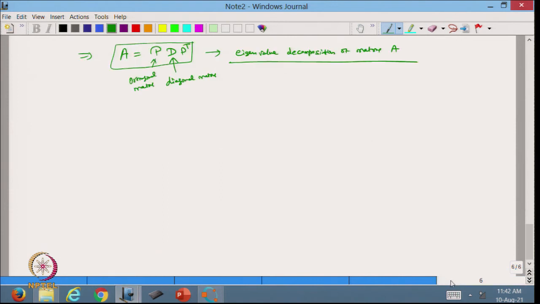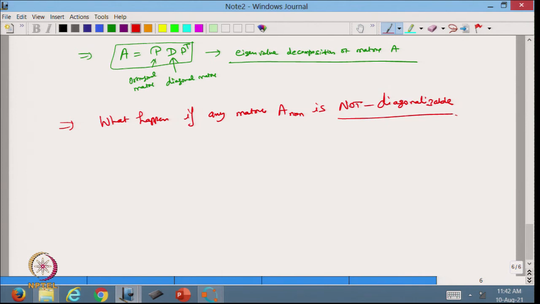Now, what happens if any matrix A, that is n cross n, is not diagonalizable? This type of thing happens when we have repeated eigenvalues.